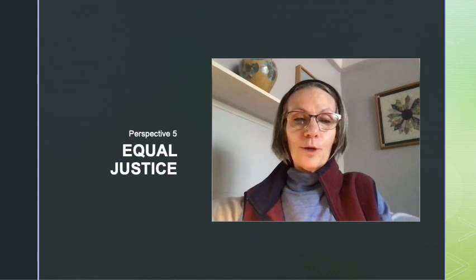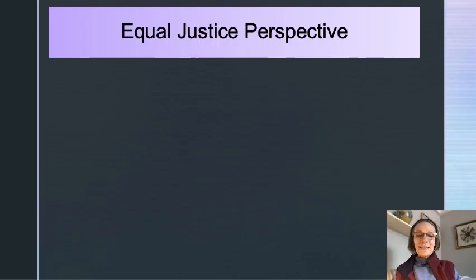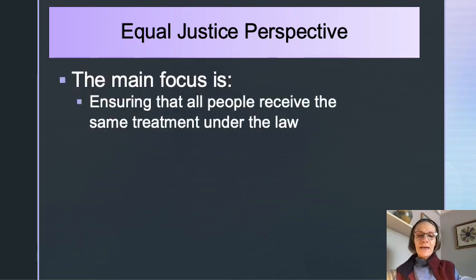This brings us to perspective 5, the equal justice perspective. As the title of this perspective suggests, its main focus is ensuring that all people receive the same treatment under the law, equal justice. And so, in a way, there's some dovetailing or connections between the equal justice perspective and the due process perspective.